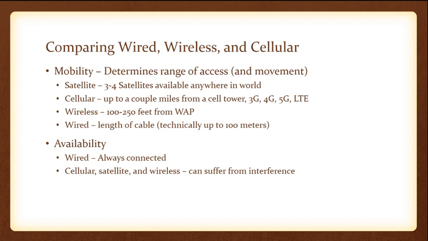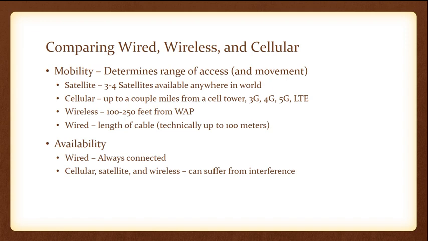The next category I want to talk about is availability. Availability is defined as the probability that a system will be available and functional. From best to worst, wired is the best, because if you are wired into a network, it is available all the time. However, cellular and satellite and wireless can often suffer from interference.